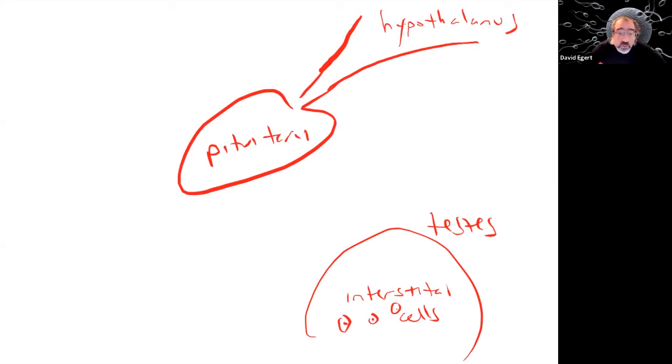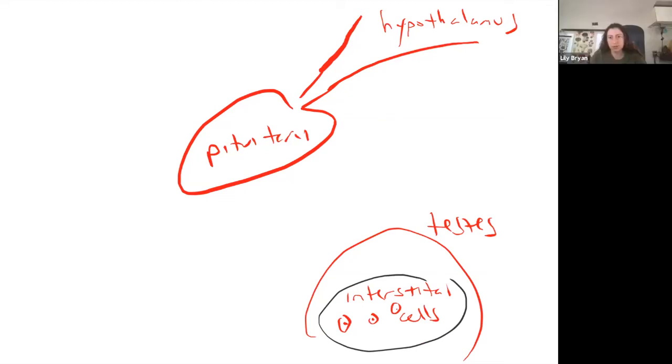So what hormone from the hypothalamus is going to start this whole process? So interstitial cells are being stimulated by what? Luteinizing hormone, LH.